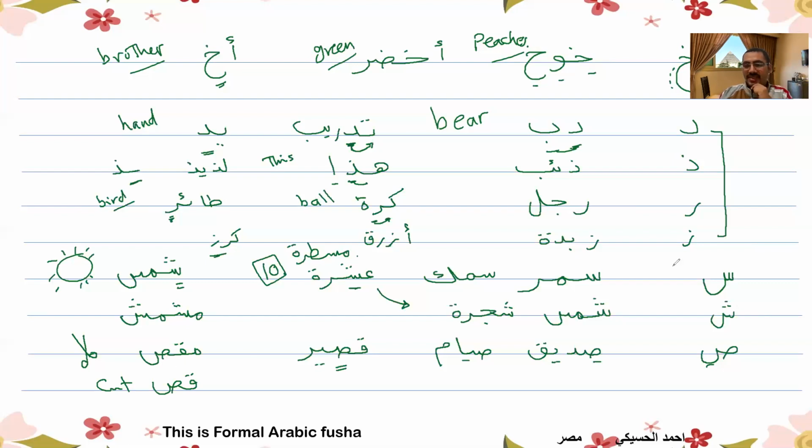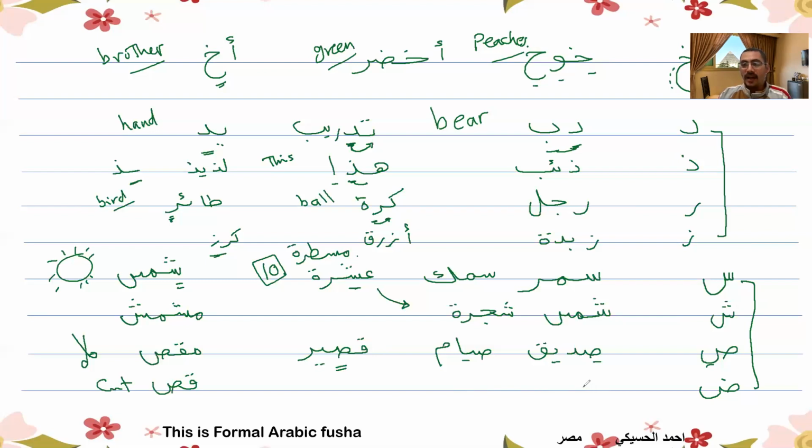So sin, shin, sad, and also ضاد isolated has this curve. In Arabic, كاسات. This curve is in isolated and in the end of the word.